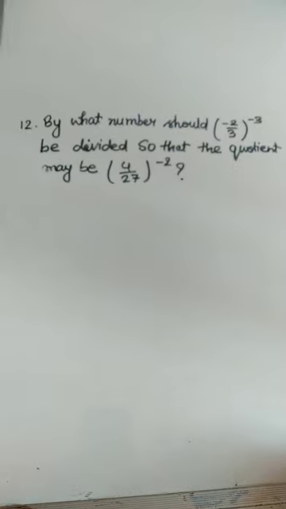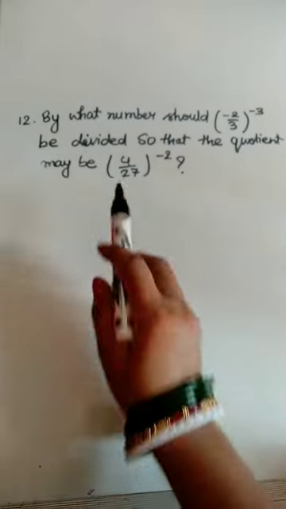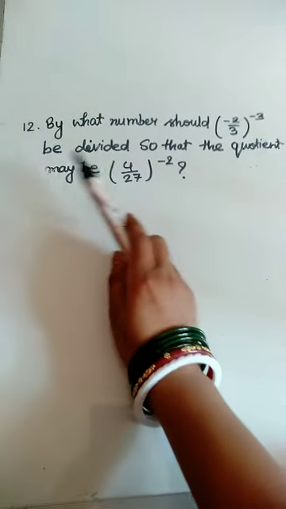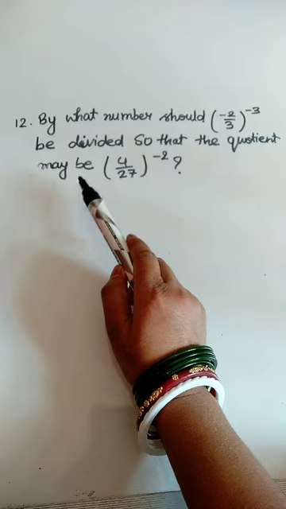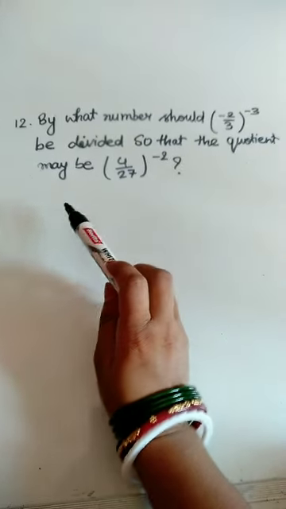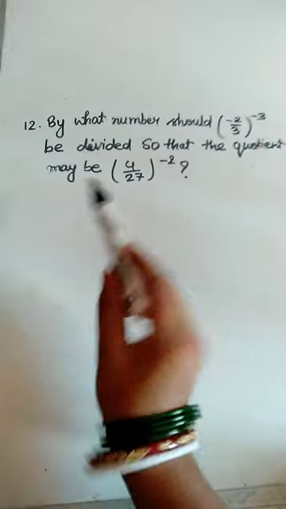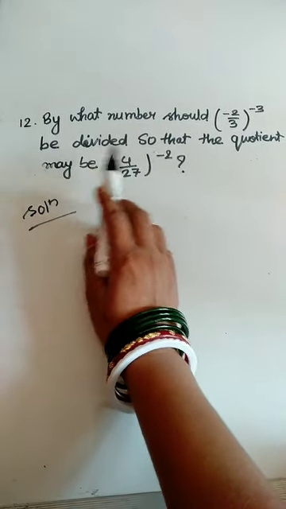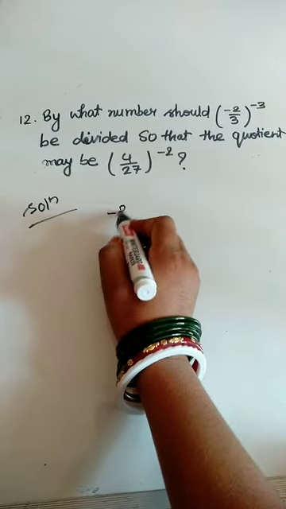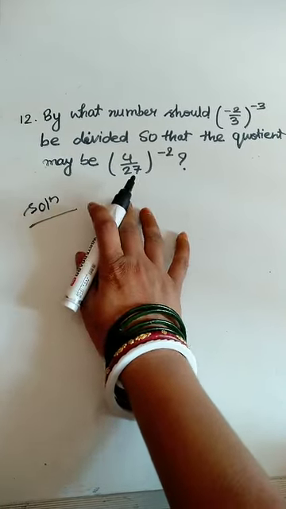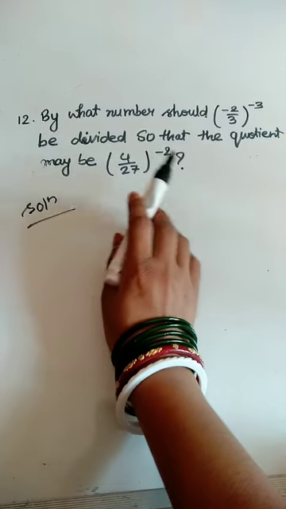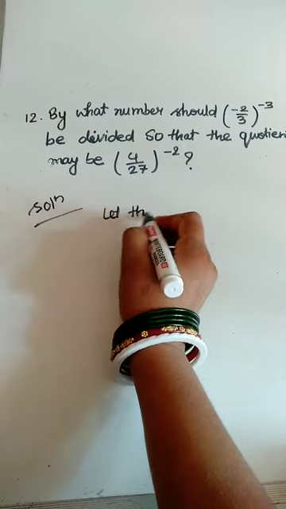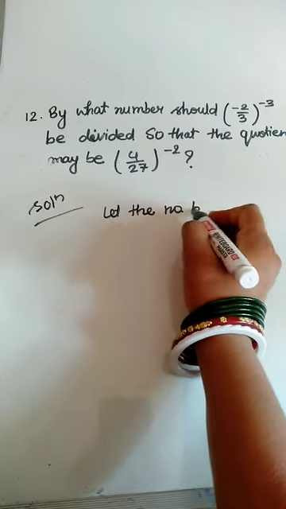So our next question, that is question number 12, is: by what number should (-2/3)^-3 be divided so that the quotient may be (4/27)^-2? By what number should (-2/3)^-3 be divided? Let the number be x.